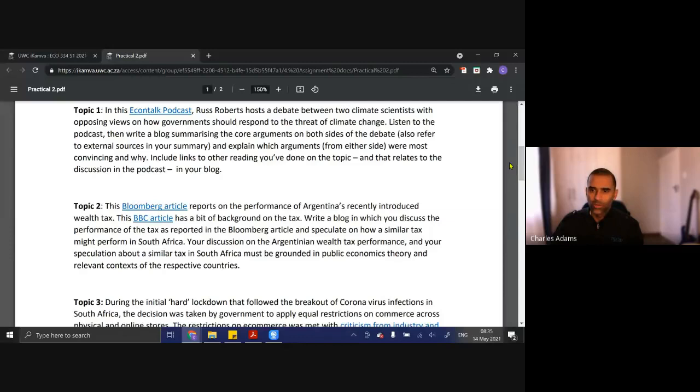Topic 1 deals with developing countries' responses to climate change, particularly the mitigation policies, and whether there's a trade-off for developing countries between climate change mitigation and economic growth.